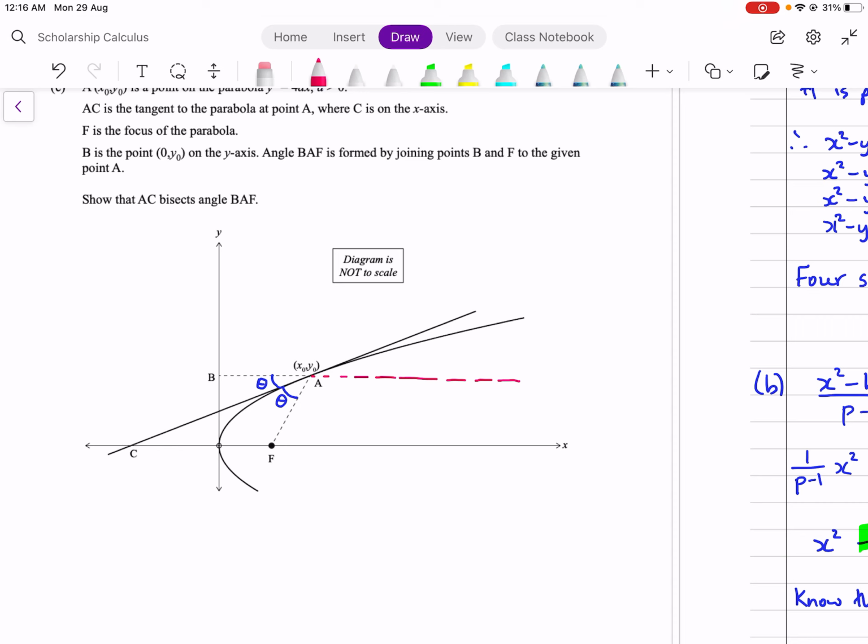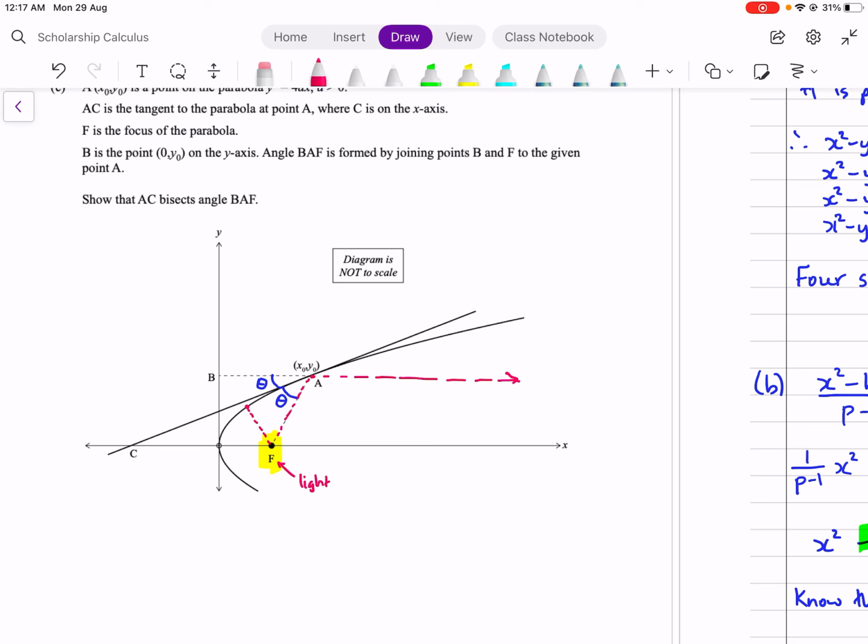a light at the focus, so imagine that there's a light bulb here at the focus. When the light goes away from the focus and hits the parabola, it actually reflects off parallel to the axis, and it doesn't matter where you do that.